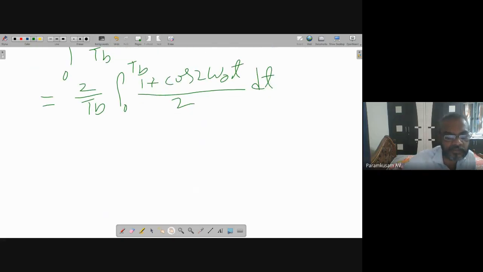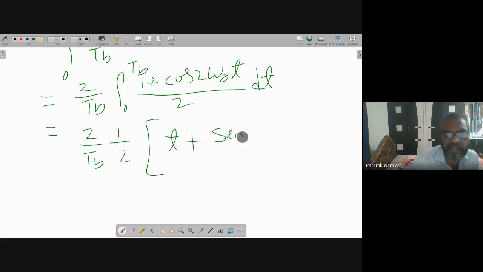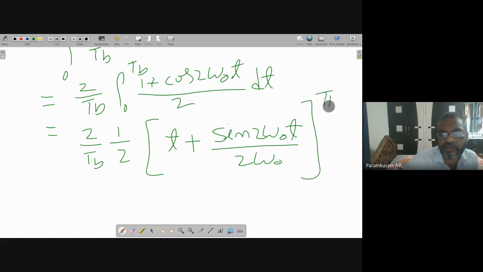Then this is equal to 2 by Tb into 1 by 2. What is the integration of 1? t. What is the integration of cos 2 omega naught t? Sin 2 omega naught t by 2 omega naught. The limits are Tb and 0.